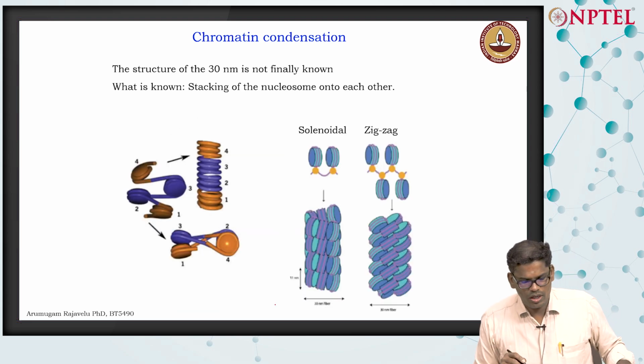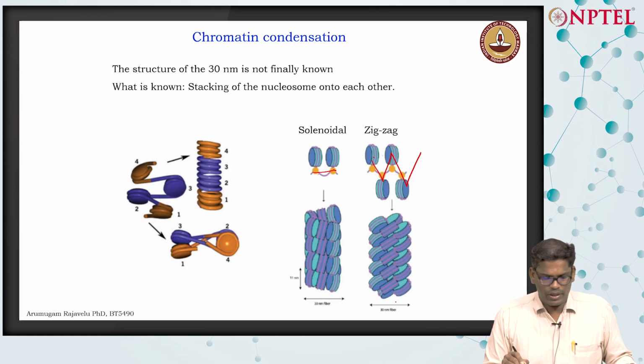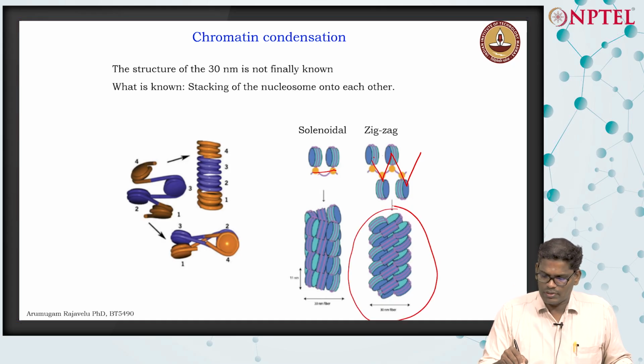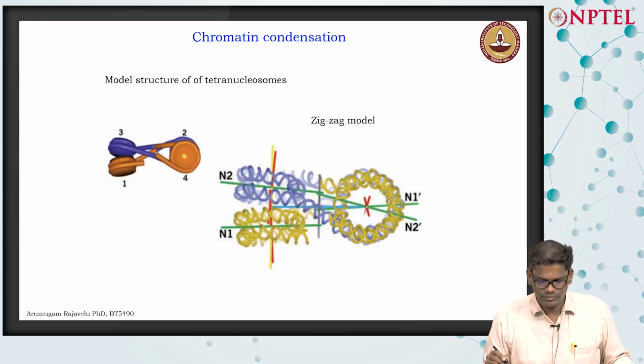So, the zigzag model, how does it look? You can see these 2 nucleosome structures. The solenoidal says straight-away packing. Here it comes like this and then it is packed. So, the biochemical evidence confirms this is the likely compaction in a cell as well. Okay. The zigzag model is the most acceptable model for how nucleosomes are packed in cells.